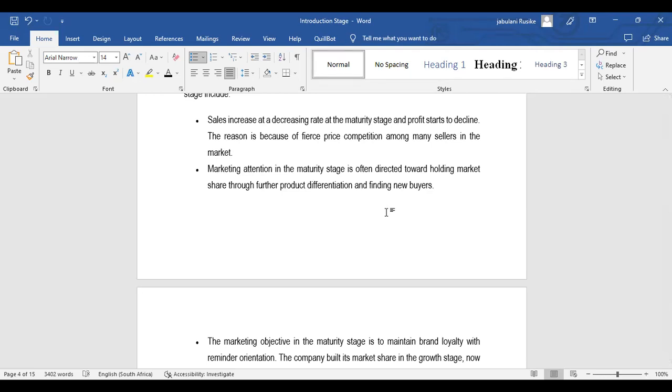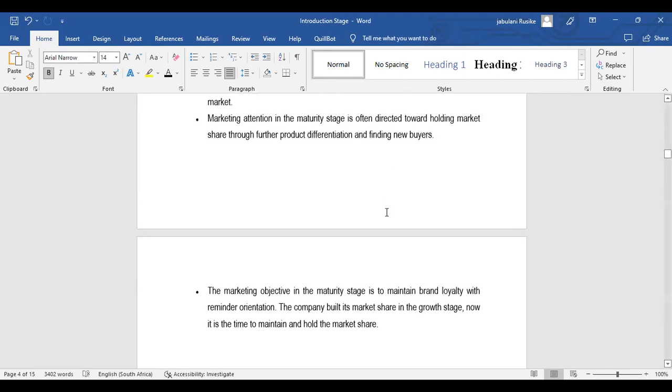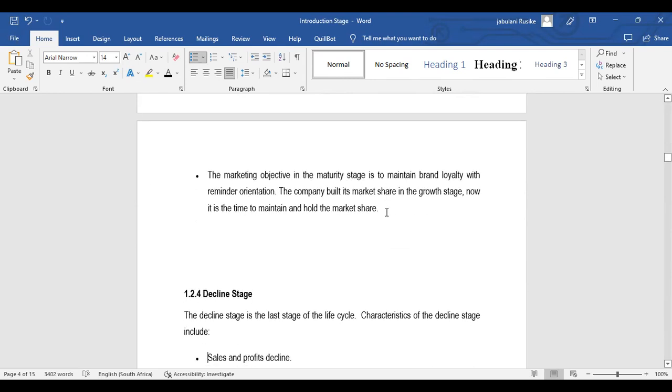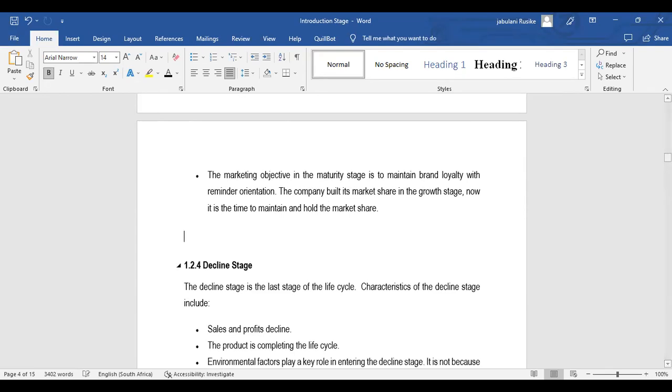Here now you are trying to maintain that market share, to maintain the clientele base or the customer base, by employing different strategies, product differentiation, innovation, etc. So the marketing objective in the maturity stage is to maintain brand loyalty, and the company is trying to maintain the market share that would have been established in the growth stage.